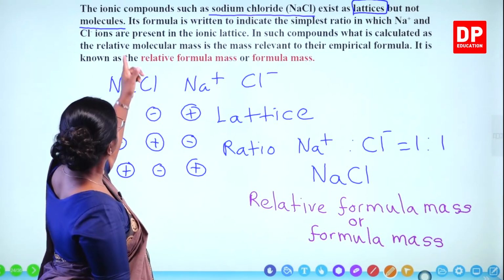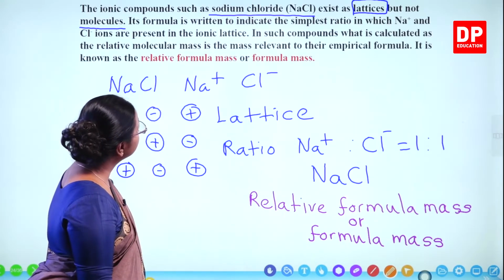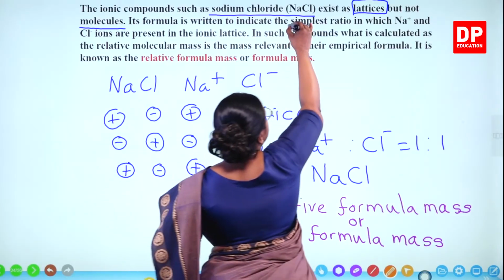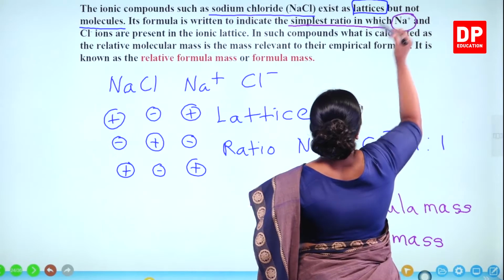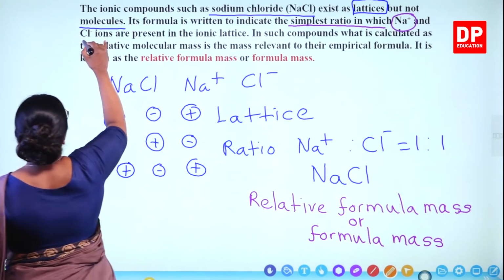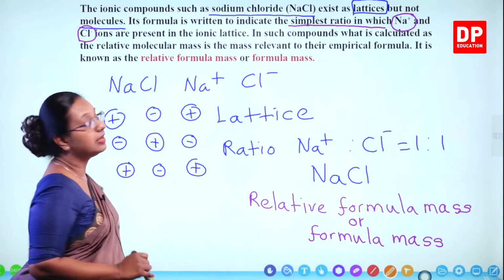So if I read it again, its formula is written to indicate the simplest ratio in which the sodium and the chloride ions are present in the ionic lattice.